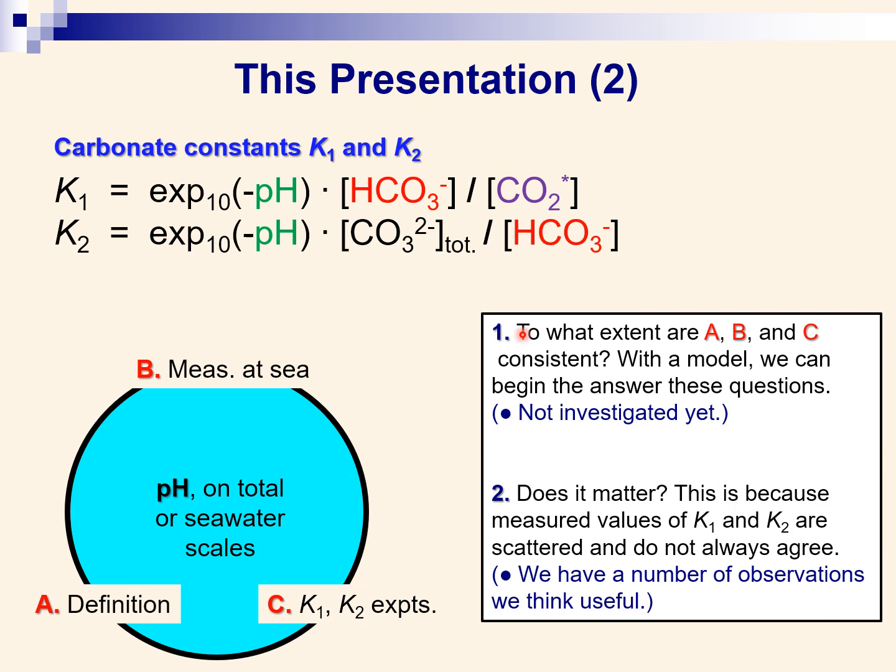Now, this is not an easy question to answer and is not something we have had time to investigate in detail. However, we can ask a simpler question, which is, to what extent does this consistency matter? Laboratory measured K1 and K2 are really rather scattered, as we'll show. So below a certain level, pH consistency probably isn't going to be important.